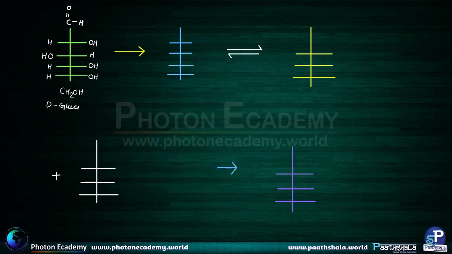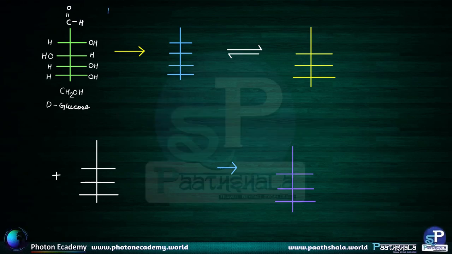We just learned that D-glucose on reaction with 3 moles of hydrazine gives us the required osazone. So now let us take 1 mole of that hydrazine, phenylhydrazine, NH2, NH and Ph, and react it with D-glucose.